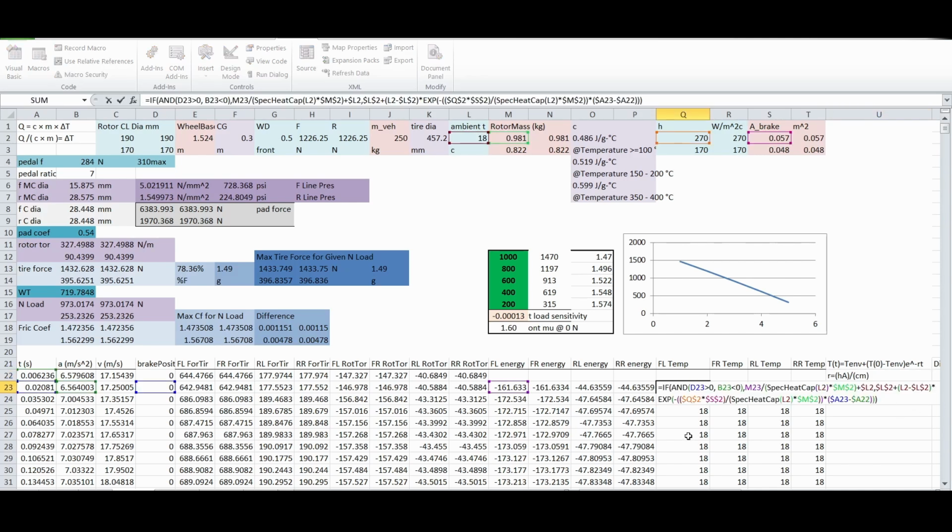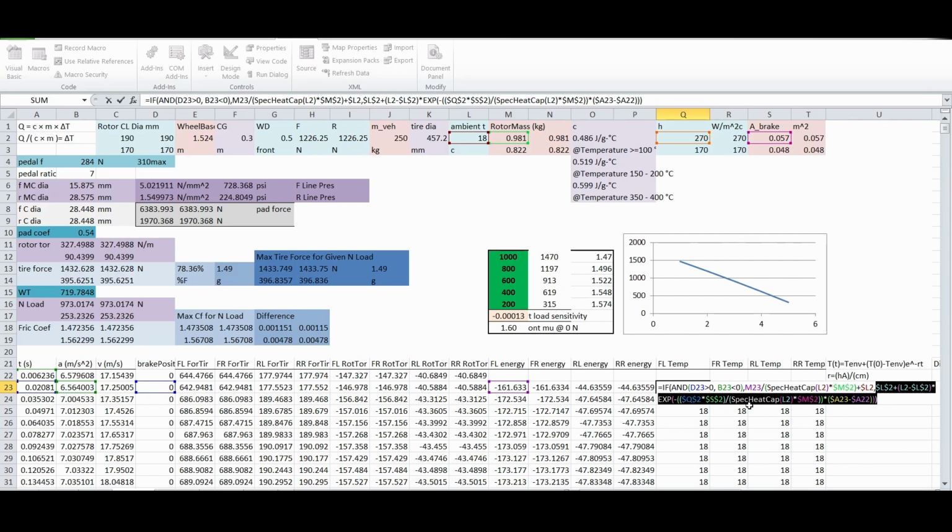So I made this formula: if the brake position is greater than 0 and the acceleration is less than 0, so we're under braking, then it's going to give a formula to increase the heat. And if it's not braking, then it's going to go over the formula I just said to cool the brakes.